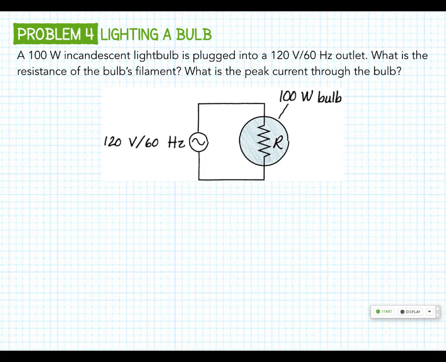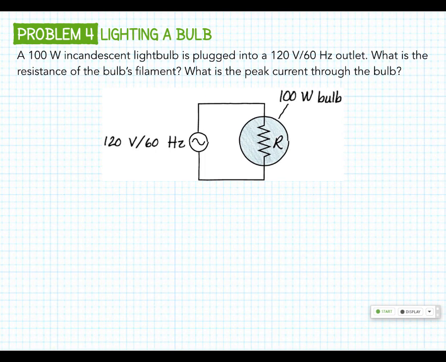This is the average power, and this is RMS, right? So we're plugging this in. This is 120 volts squared over 100 watts. What does that give you? That would be 144 ohms.